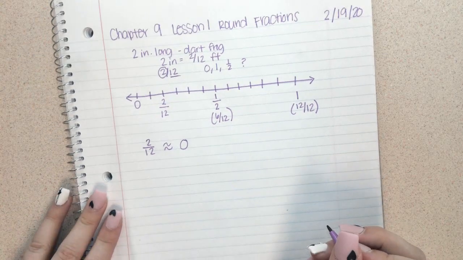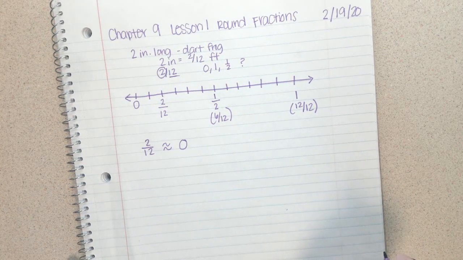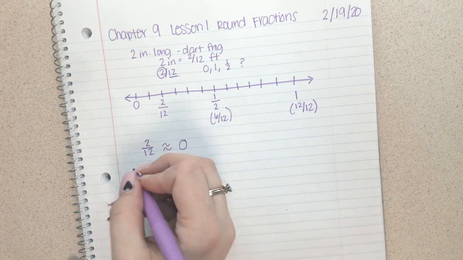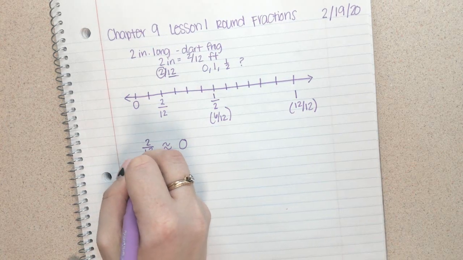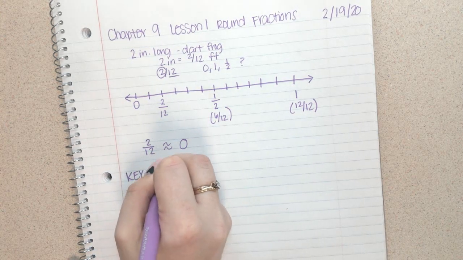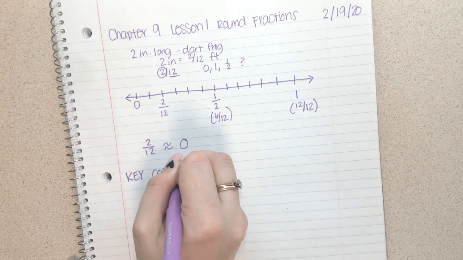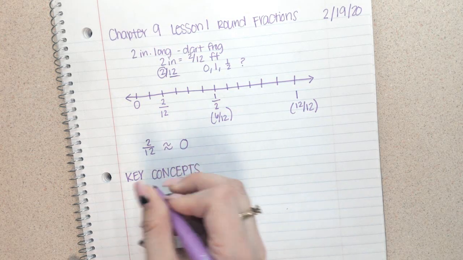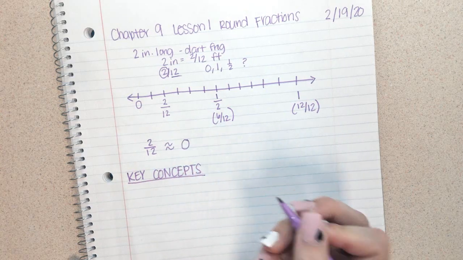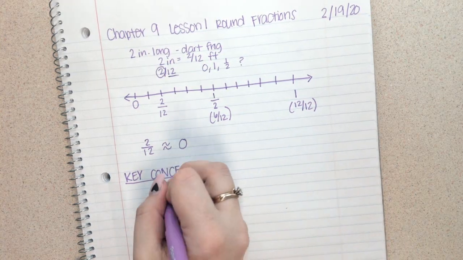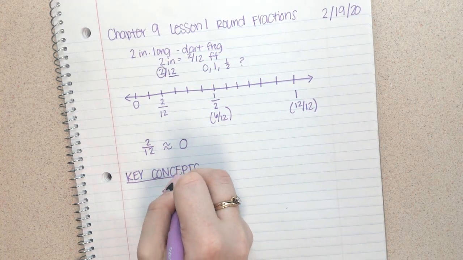Okay? All right. Let's go ahead and look at quite a few things that we can do right off the bat. All right, so we've got some key concepts. So again, I want you to write these down, because this is going to help you immensely on your homework. Okay, so our first thing is rounding down.